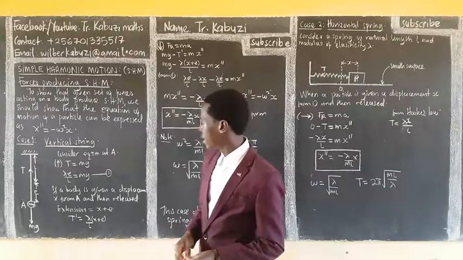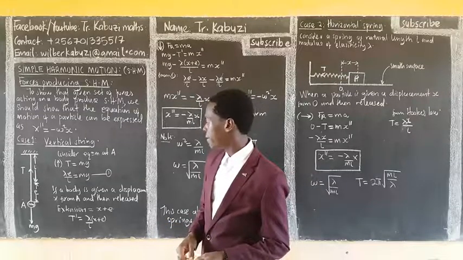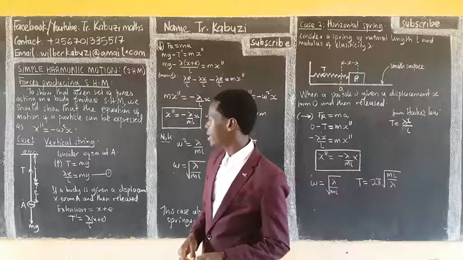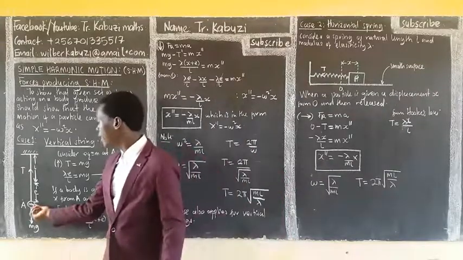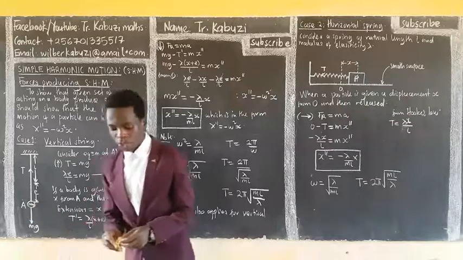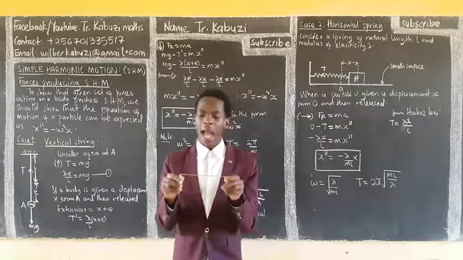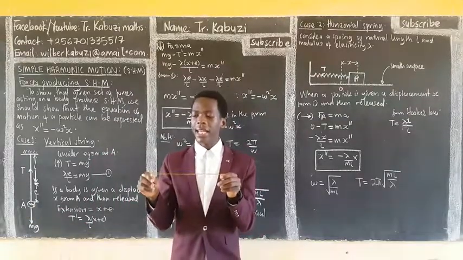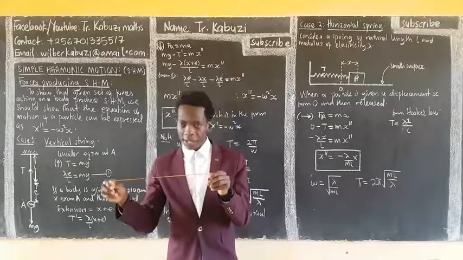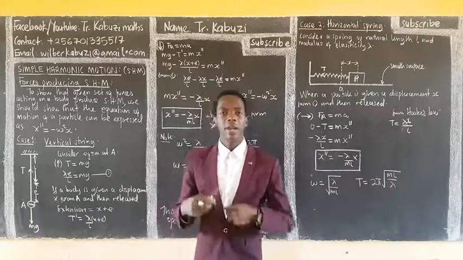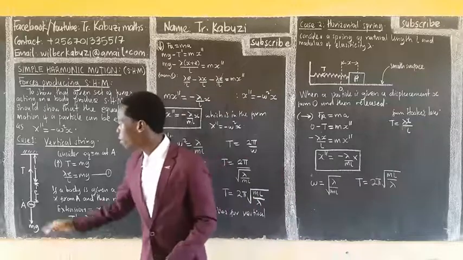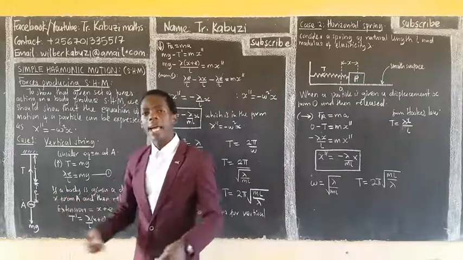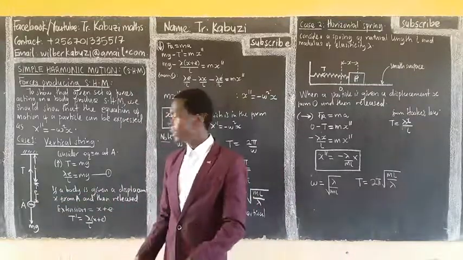So if the body is given a displacement x from A, assuming this is our natural length, I give it an extension like that. Then again, I give it another displacement x. It means that the new extension we are having is e plus the new displacement we made, which is x.